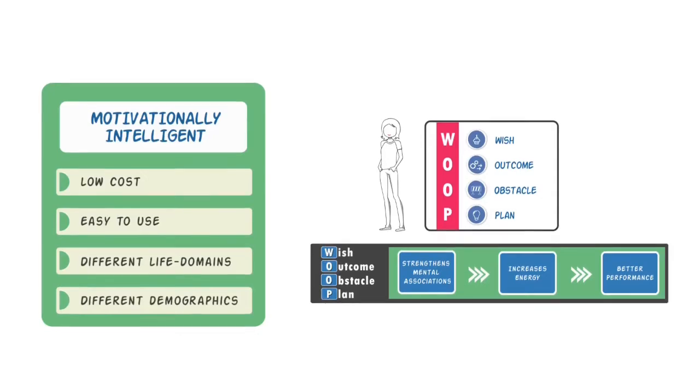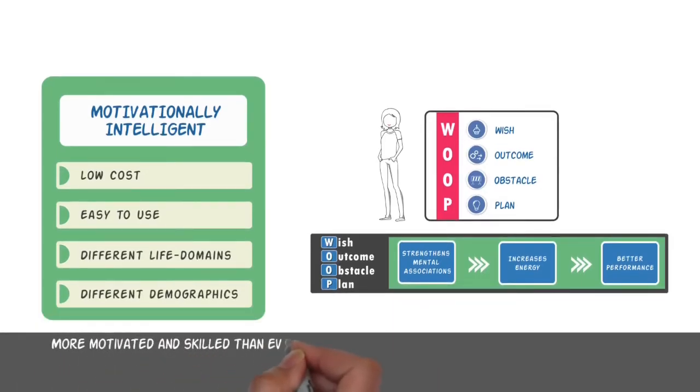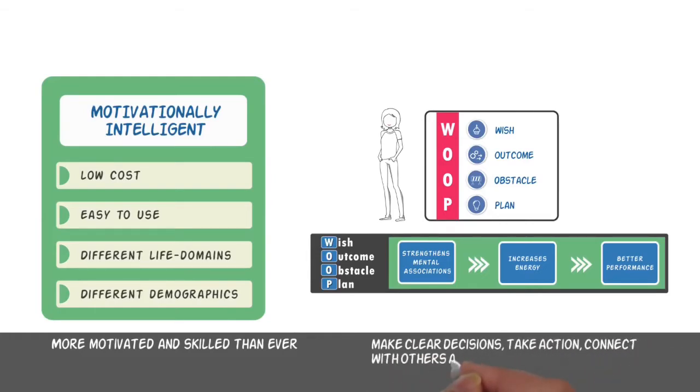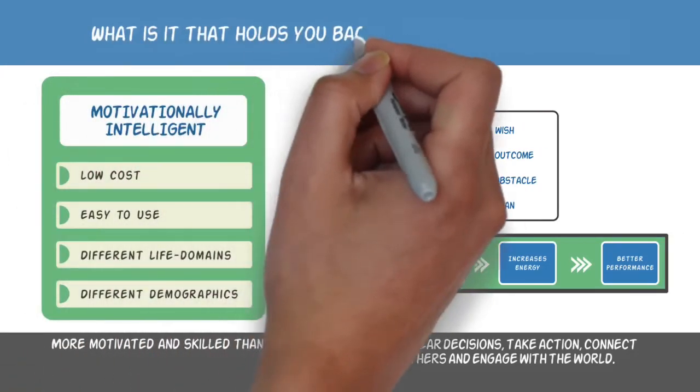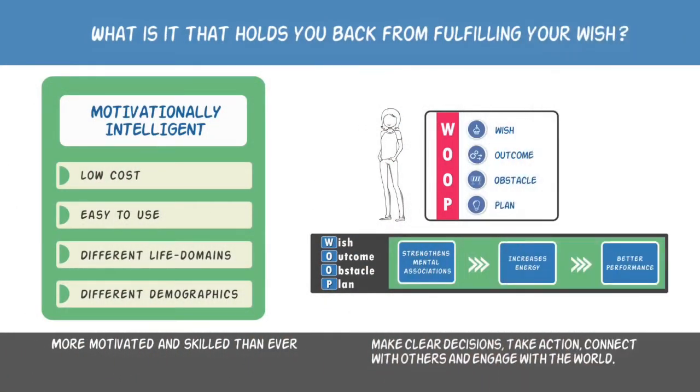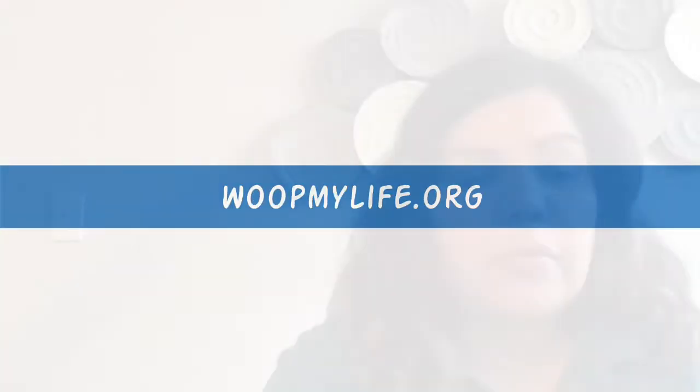By learning and applying WHOOP, you will come away more motivated and skilled than ever to make clear decisions, take action, connect with others, and engage with the world. All from a simple but awakening question: what is it that holds you back from fulfilling your wish? For more information, visit whoopmylife.org.